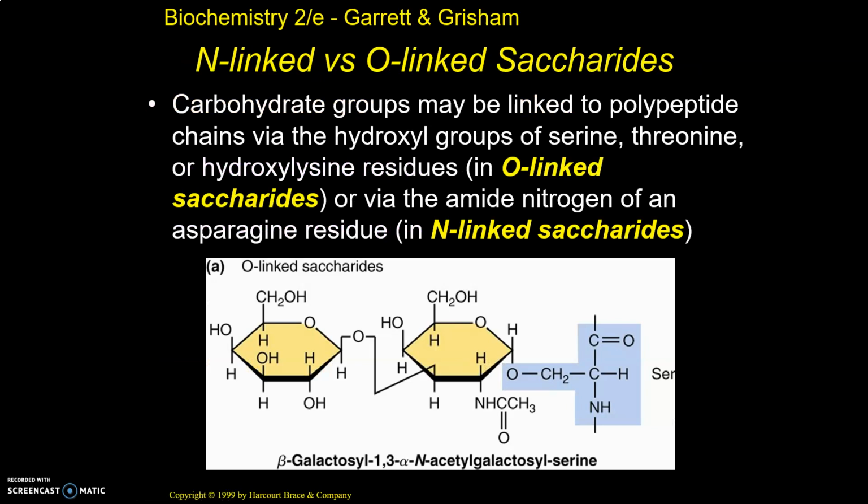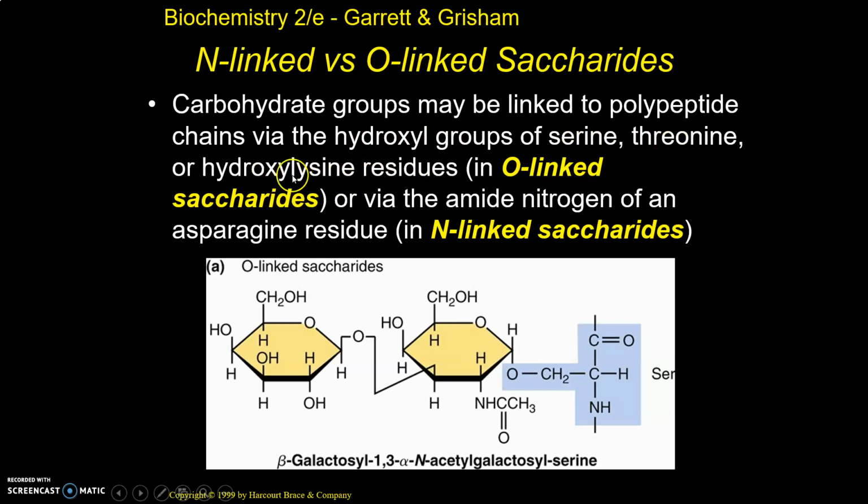As far as how this attachment occurs, we have N-linked saccharides and we have O-linked saccharides. That directly corresponds to how the sugar is attached to the protein. How this carb or sugar is attached. So carbohydrate groups can be linked to polypeptide chains via the hydroxyl groups of serine, threonine, and hydroxylysine.